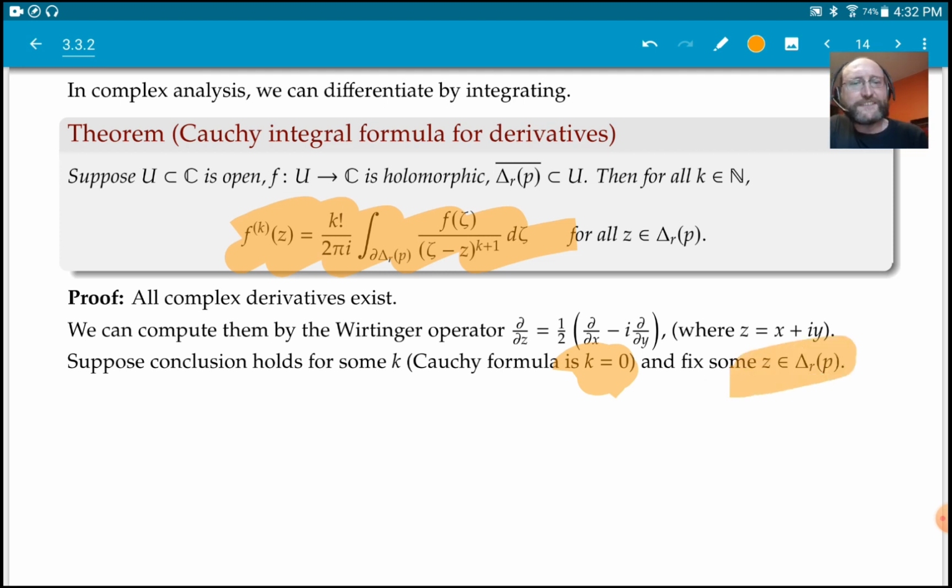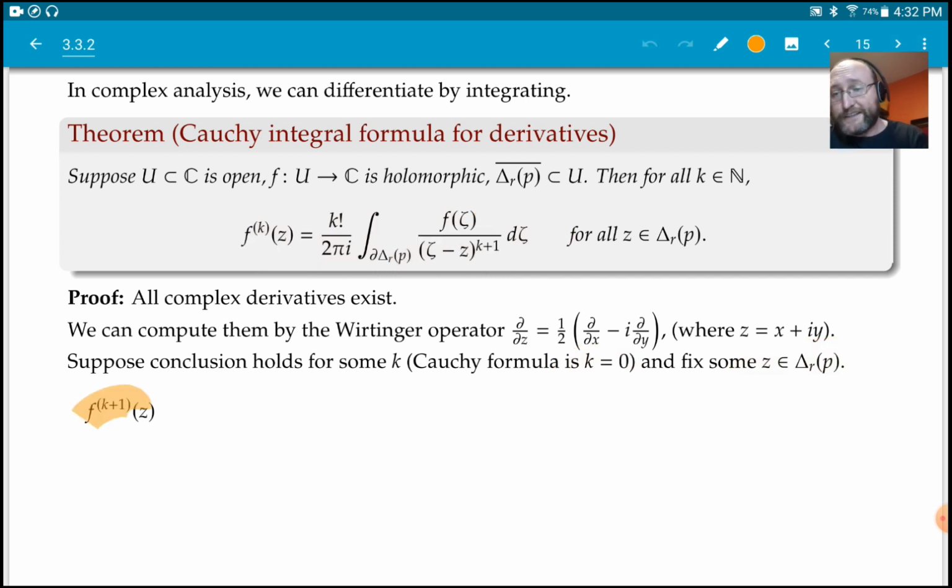And let's fix some z in the disk, right? And so we're going to look at the k plus 1th derivative of f at z. Now that is just the Wirtinger operator applied to the kth derivative, right? It's not that it is that, it equals that, right?